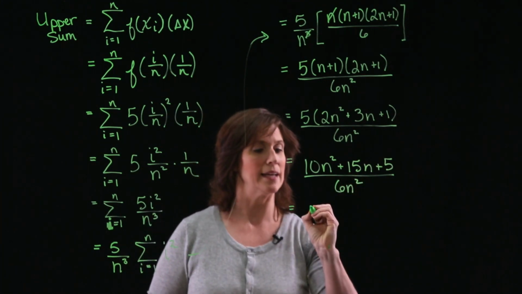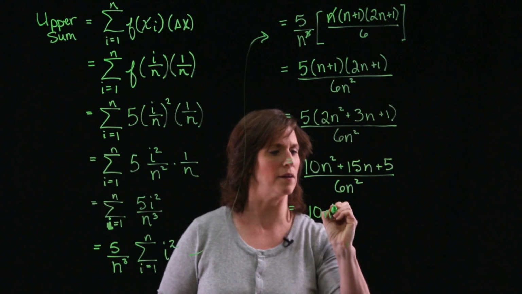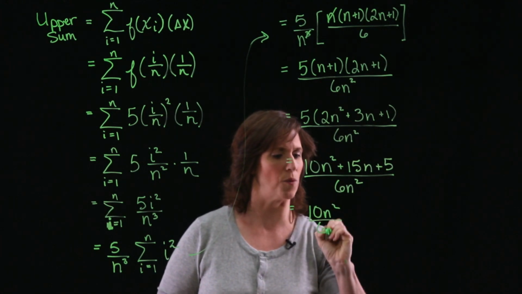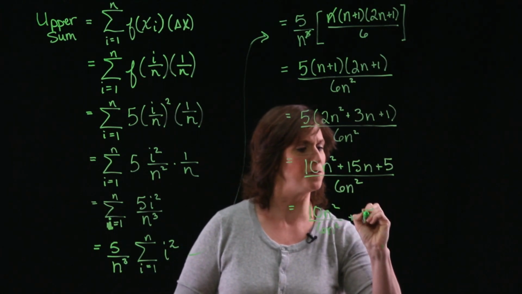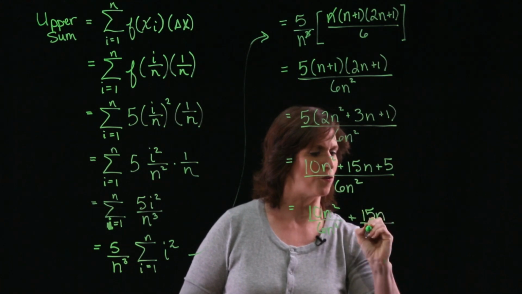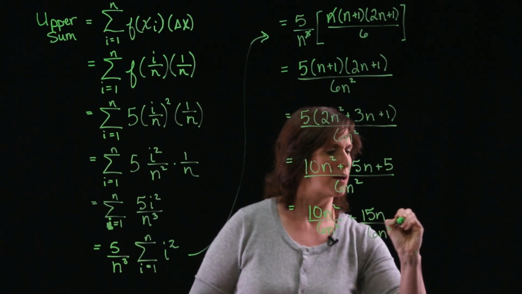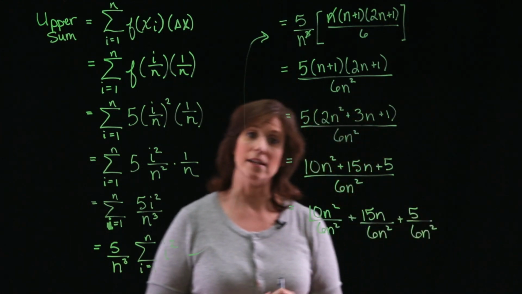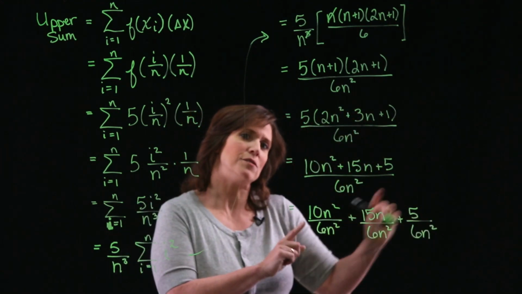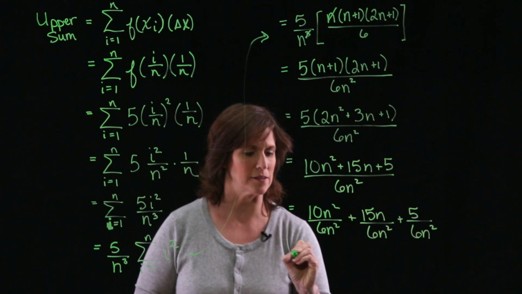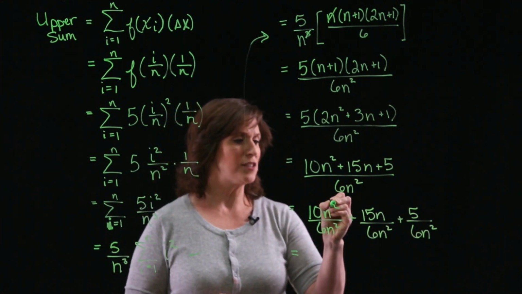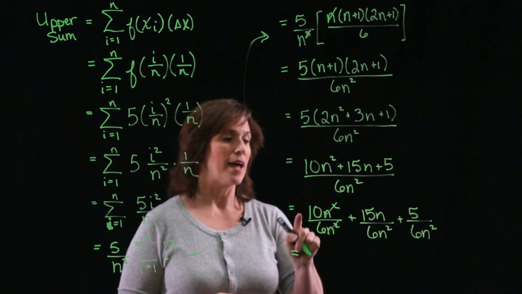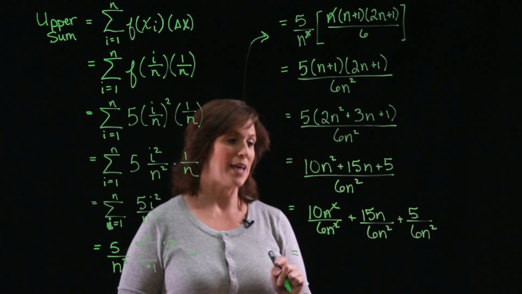I'm going to split it as 10n squared all over 6n squared plus 15n all over 6n squared plus 5 all over 6n squared. And then I can reduce each of those individual fractions. The n squareds here completely cancel, and 2 divides evenly into both 10 and 6.